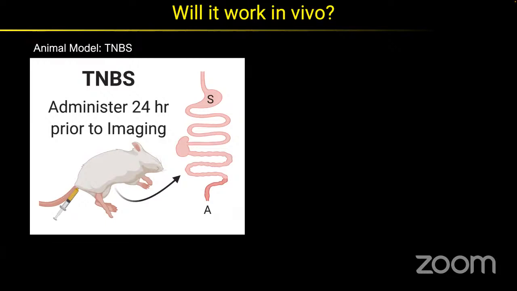So we utilized an animal model of inflammatory bowel disease that we use in my lab all the time. It's a haptenizing agent called TNBS, a picryl sulfonic acid. It sticks to all of the intestinal contents, and we inject it with 50% ethanol.